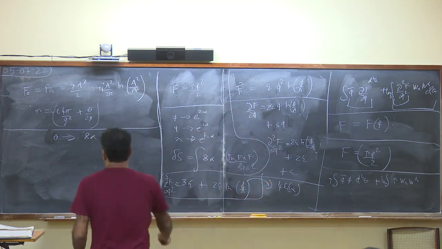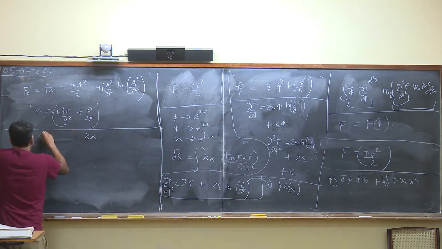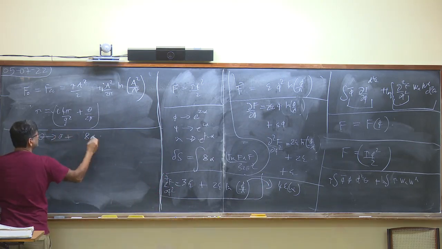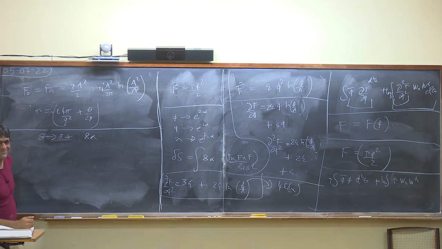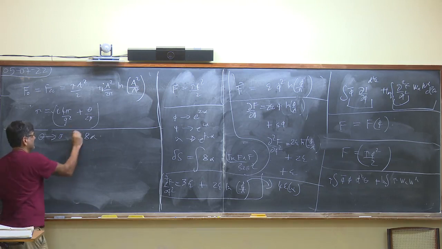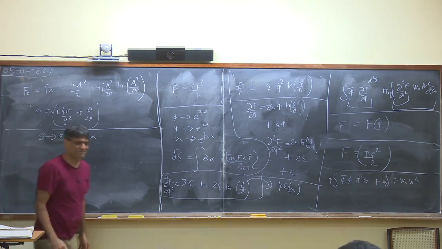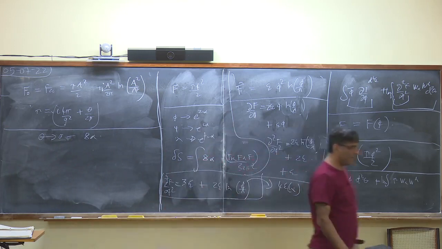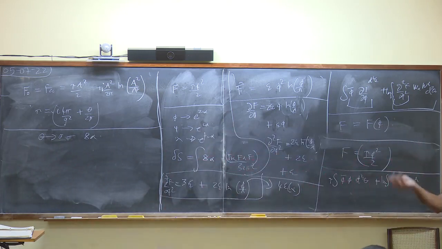Theta goes to theta plus or minus 8 alpha, maybe a minus. And if alpha is 2 pi by 8 times some integer, that is some integer shift in theta, which doesn't change the theory.